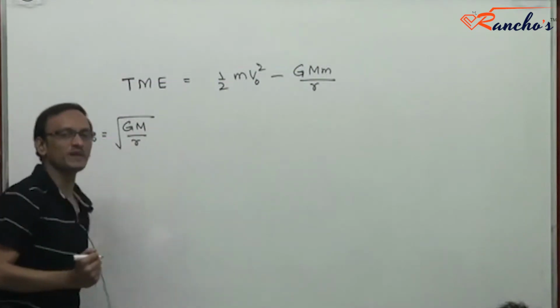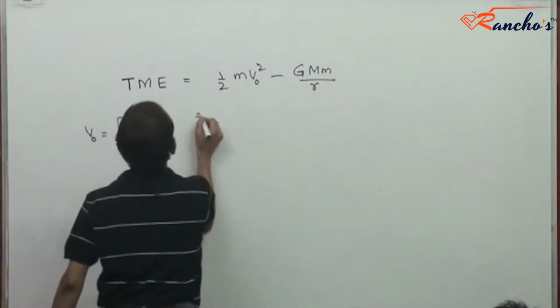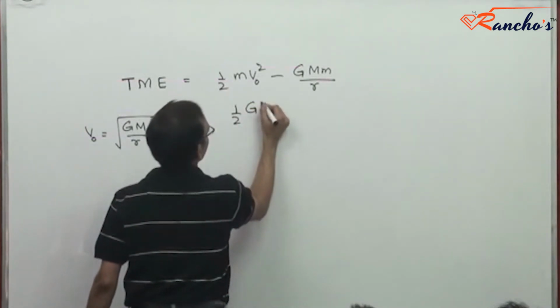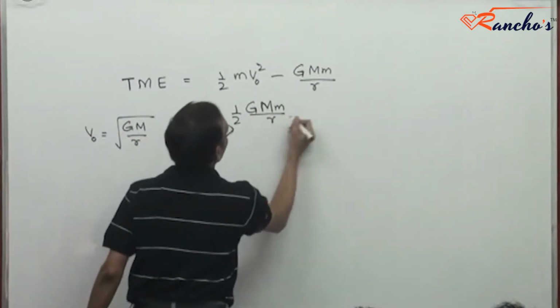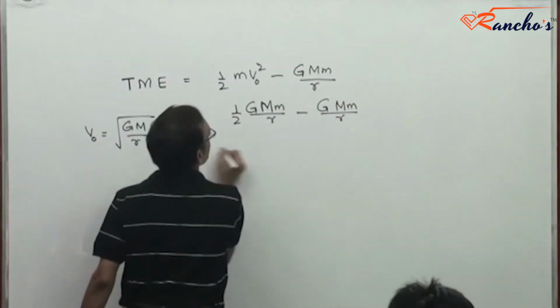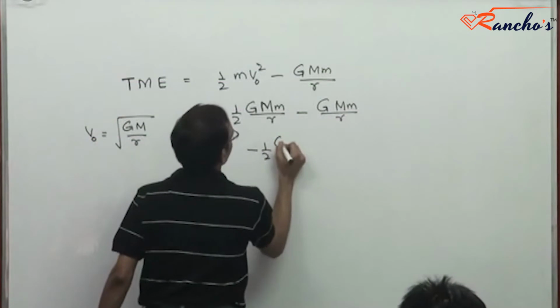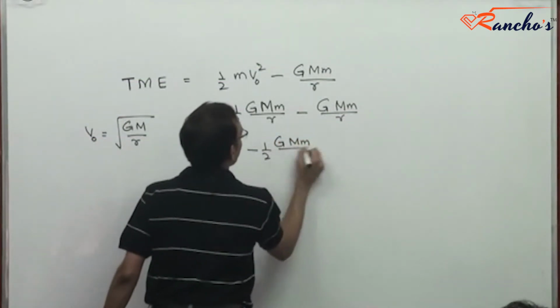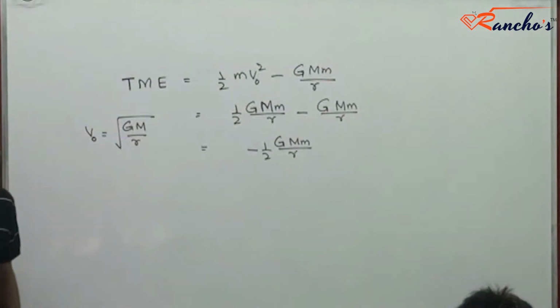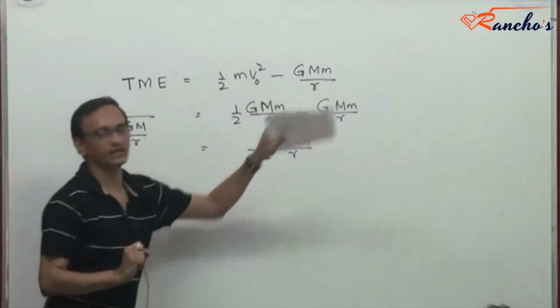That's the orbital speed. So this would turn out to be half GMm by small r minus GMm by r, which is minus half GMm by r. That's the total mechanical energy in an orbit of radius r, kinetic and potential.